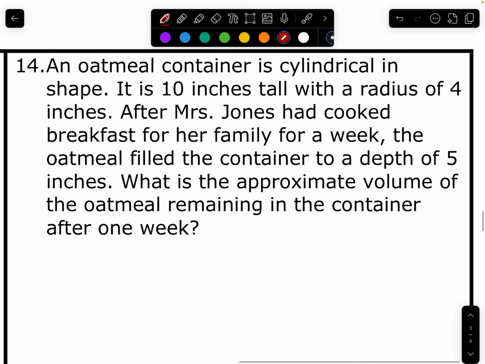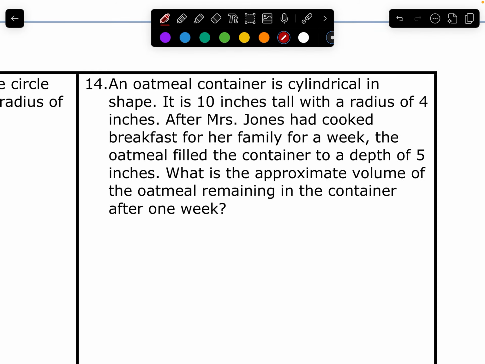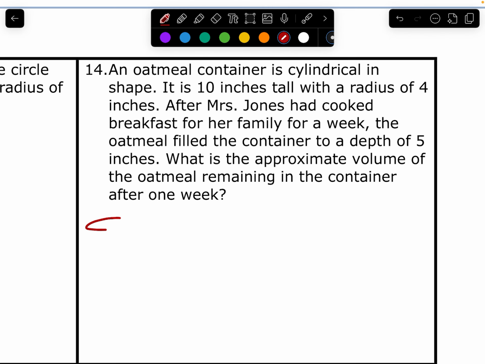An oatmeal container is cylindrical in shape, 10 inches tall with a radius of 4 inches. So let me just do a nice little sketchy sketch. So it has a radius of 4 inches and it's 10 inches tall. Miss Jones had cooked breakfast for her family for a week.